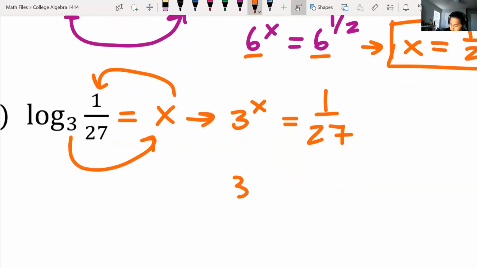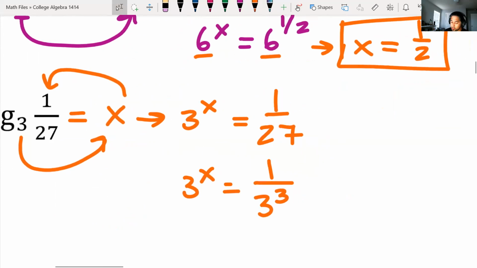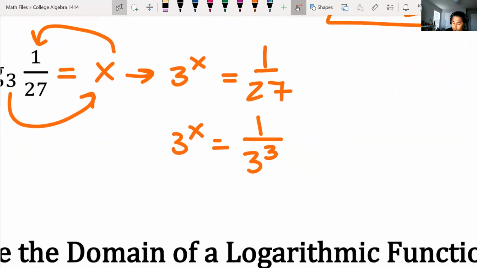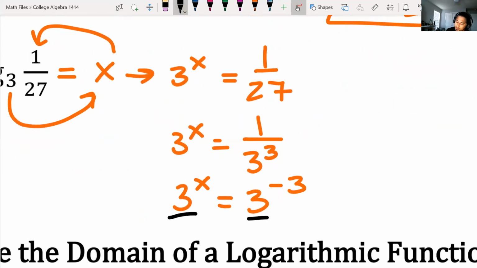So this will become 1 over 3 cubed. Almost there. What is another way to rewrite 1 over 3 cubed? 3 to the negative 3. Good. 3 to the negative 3. Same base, x equals negative 3.